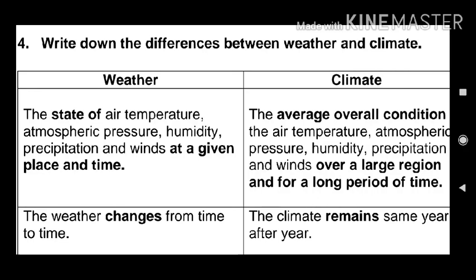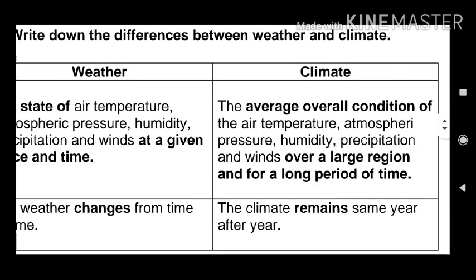Next one, write down the differences between weather and climate. We have already learned that this is just a differentiating thing. Weather, the state of air temperature, atmospheric pressure, humidity, precipitation and winds at a given place and time. Climate, the average overall condition of the air temperature, atmospheric pressure, humidity, precipitation and winds over a large region and for a long period of time.